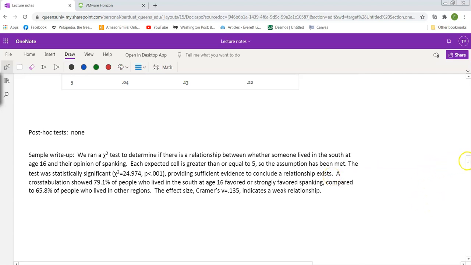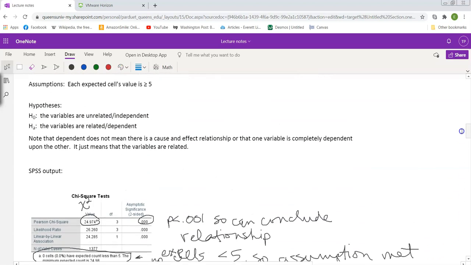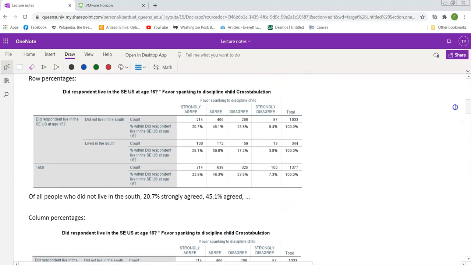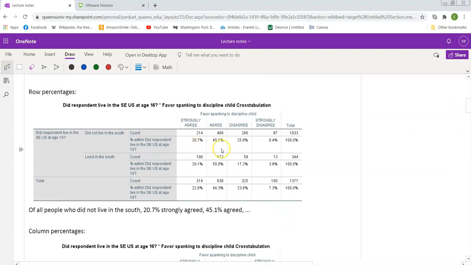And then looking at the crosstab, I looked at the row percentages, and I just lumped these two together, and I said, of the people who did not live in the South, 65.8% favored or strongly favored spanking as a form of discipline. And of the people who lived in the South when they were 16, 79.1% did. So that was what I reported as my descriptive statistics.